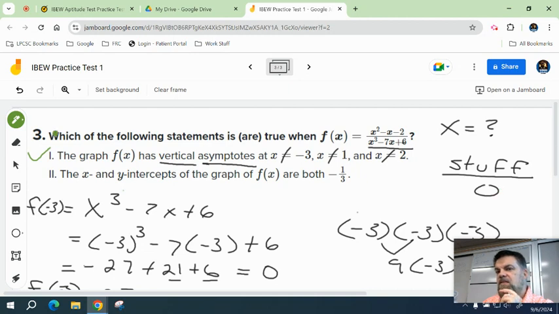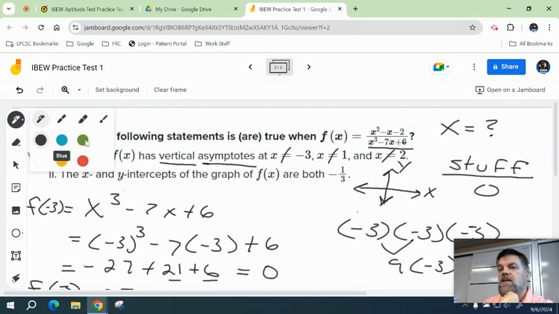So the first one is when the denominator equals 0. The x and y intercepts of the graph are both 1/3. So that means when you graph it, what we just did was verify the first.